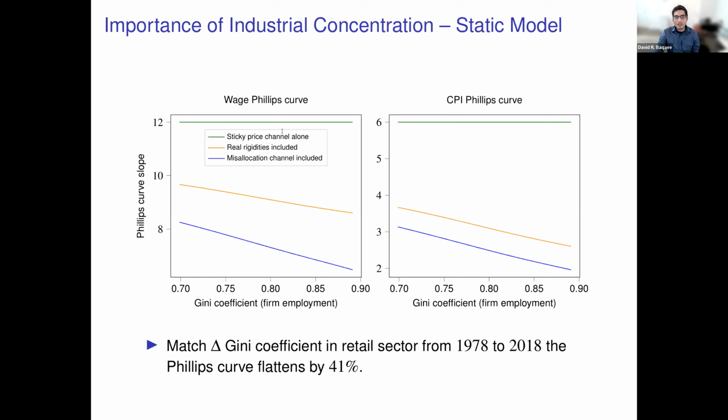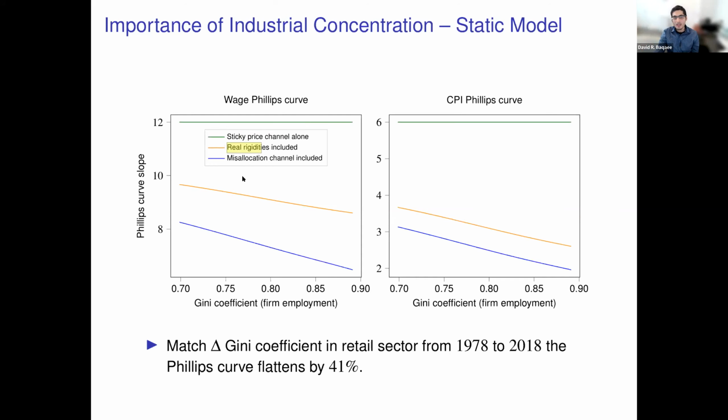Now, in the sticky price model alone with CES, you don't get anything, because the slope of the Phillips curve doesn't depend on industrial concentration. If you have the real rigidities mechanism in our paper operating, then as you push towards the big firms who have lower average pass-throughs, that looks like average pass-through going down, and so it strengthens real rigidities. And so you can see the slope of the Phillips curve is falling, both the price and the wage Phillips curve.